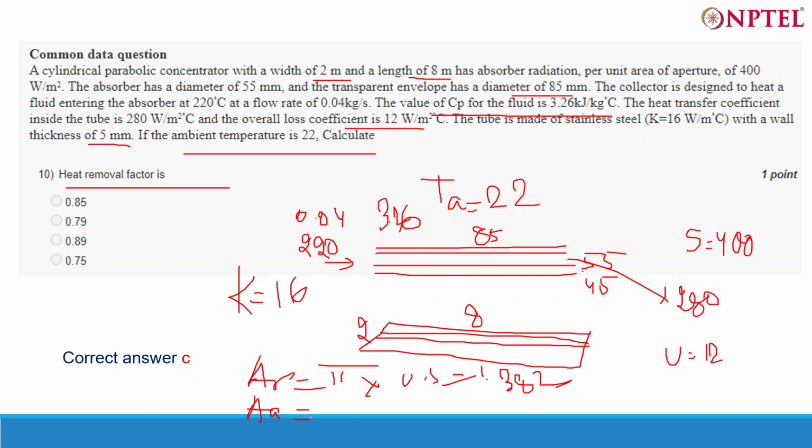Then the area of aperture: you need to subtract 0.085, the diameter of this tube which is casting a shadow, into 8, the length of the shadow. So this A_A is 15.32.